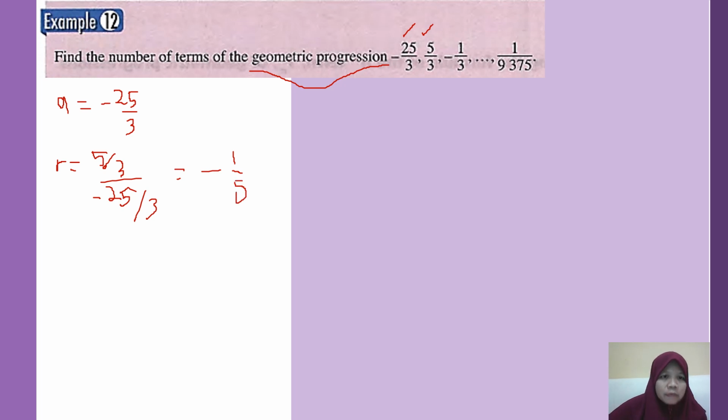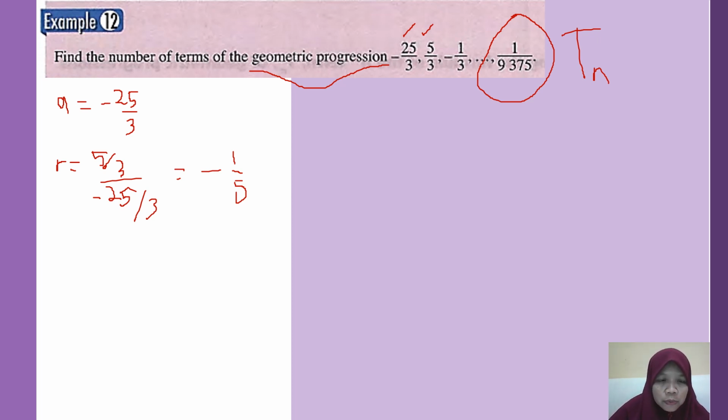From the geometric progression given, the last term is 1 over 9375, so this is Tn. We want to find the number of terms of this geometric progression. How many terms for this GP?